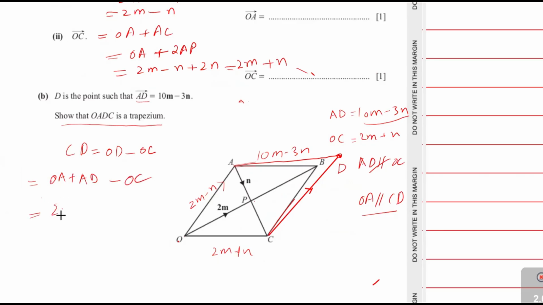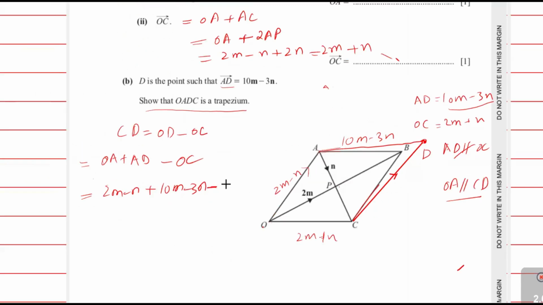OA here is 2m minus n, AD here is 10m minus 3n, OC vector is 2m plus n, so we write minus (2m plus n). This value equals 2m minus n plus 10m minus 3n minus 2m minus n, and look here, this 2m would be cancelled, and we get 10m minus 5n.